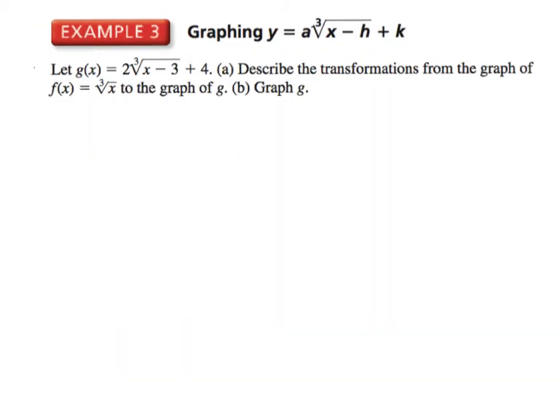In the next one, let g(x) = 2 times the cube root of (x - 3), plus 4. Describe the transformations. Well, what do we know? We know it's translated 3 units to the right.